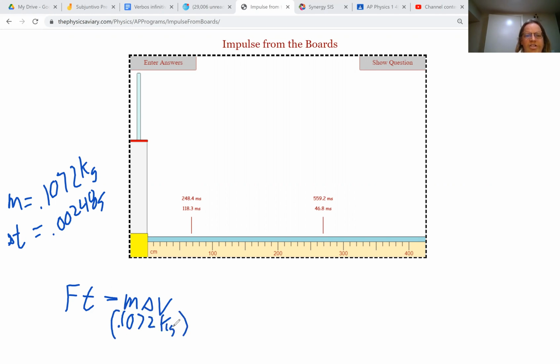But then times the change in velocity, I need a final and an initial. So my initial velocity is the distance between my photo gates here. So let's do this. Initial velocity, I'm going to do that up here, is the change in x per change in t, not the time on the boards, the time crossing this distance.